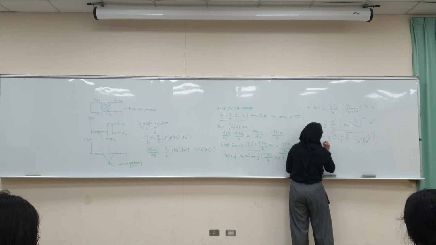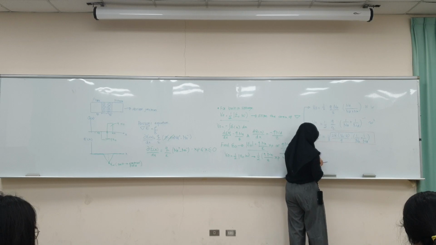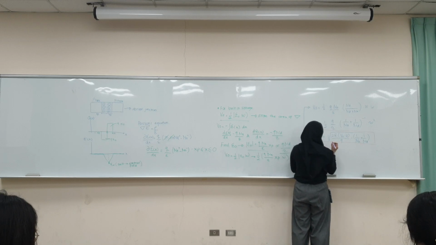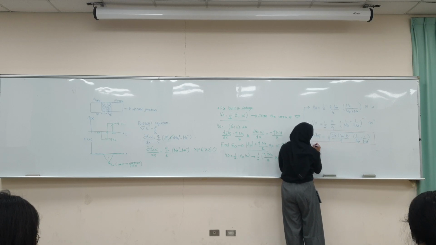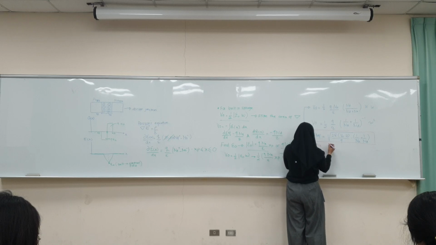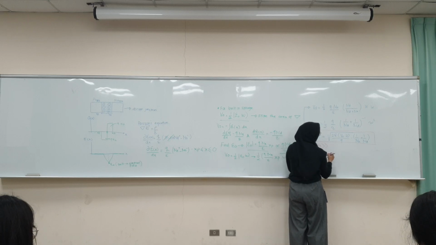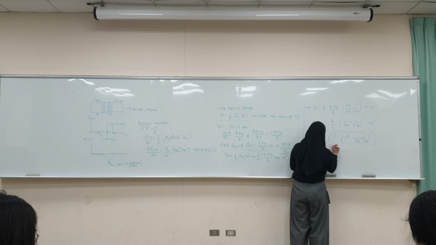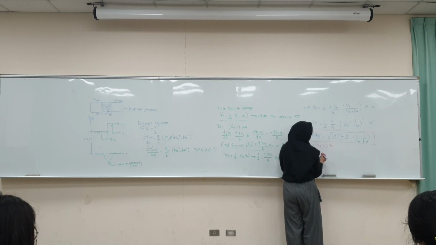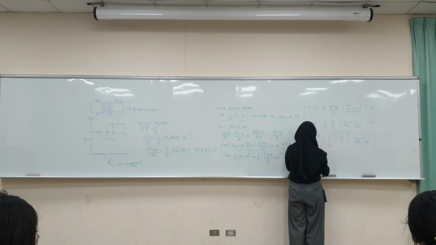But here we also have different kinds of situations. First, if NA is way bigger than NB, the equation will be like this.